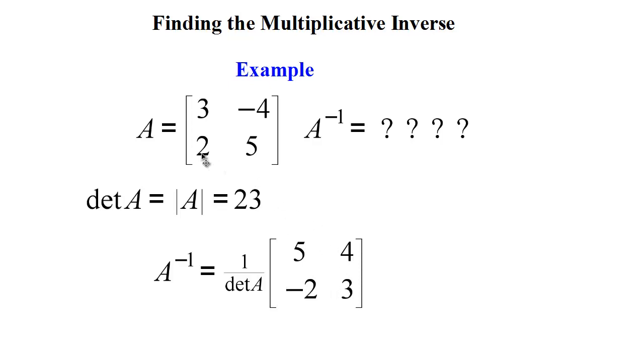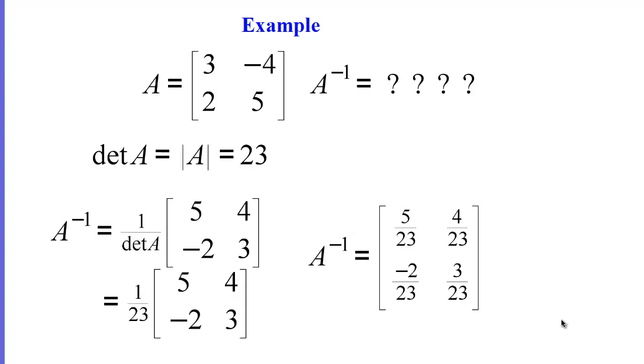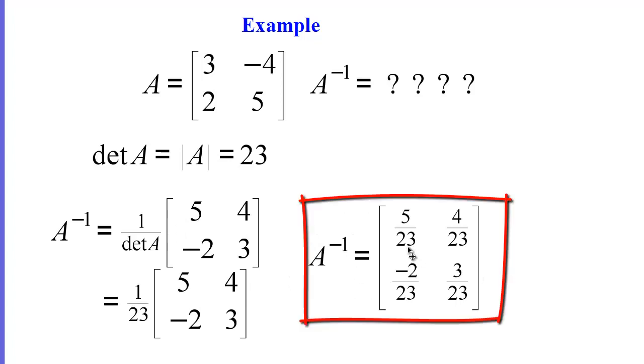Notice that means that the 2 becomes a negative 2 and the negative 4 then becomes a positive 4. So A inverse is equal to 1 over 23 times that modified matrix, which if we multiply that scalar 1 over 23 times each of those terms, we get the final answer that A inverse is equal to 5 over 23, 4 over 23, negative 2 over 23, 3 over 23.